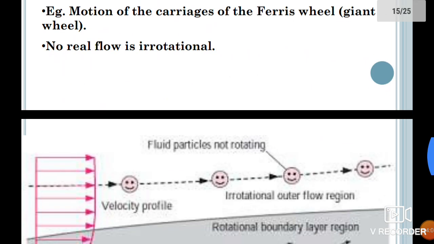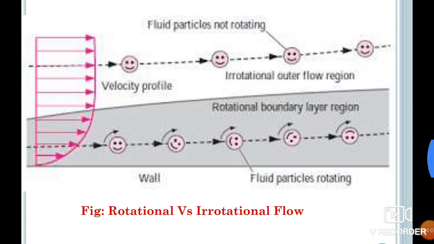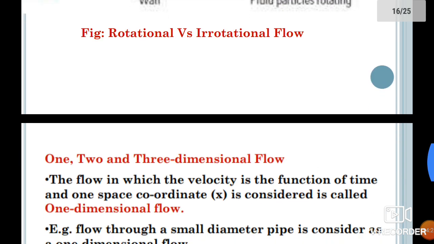We can illustrate it by means of a figure. In this figure, the topmost fluid particles are not rotating about their own axis, so they are irrotational, and the lowermost particles have some extra pressure and they are rotating about their own axis, so they are known as rotational flow.